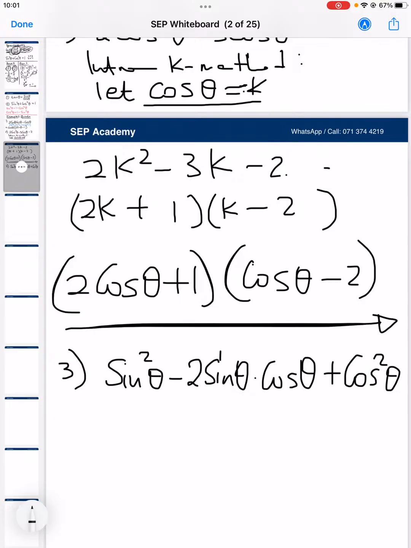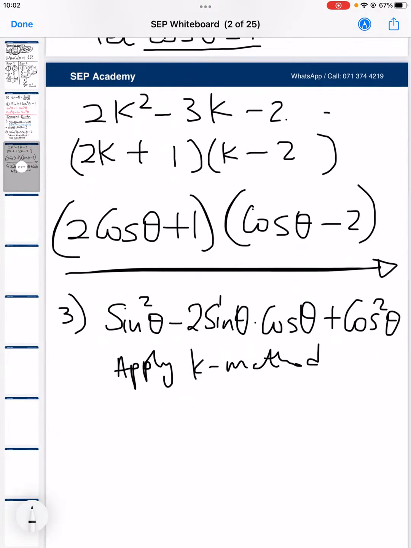Here we are testing your understanding of the factorization from your lower grades. You can still apply the K method, just so that it's easy for you to do and interpret.